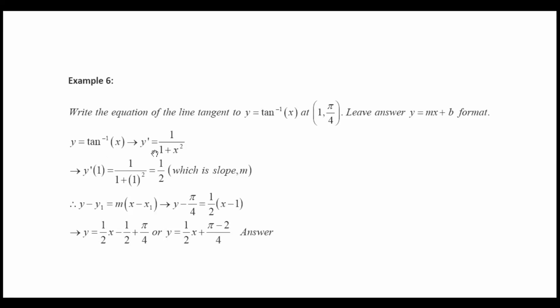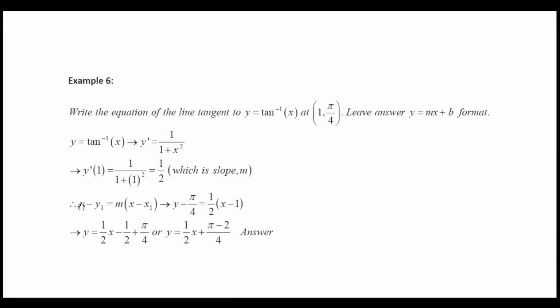So we need the derivative. The derivative of this is 1 over 1 plus x squared. Okay. And now we want the slope when x is 1. So we will substitute 1 in for x. And when we do, we get this, which gives us 1/2, which is the slope m.